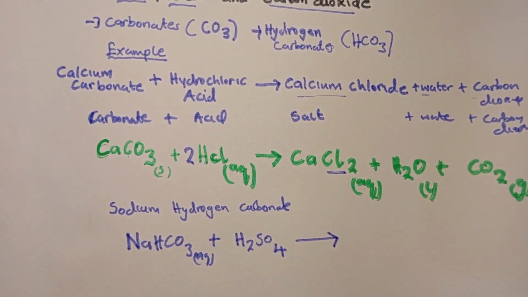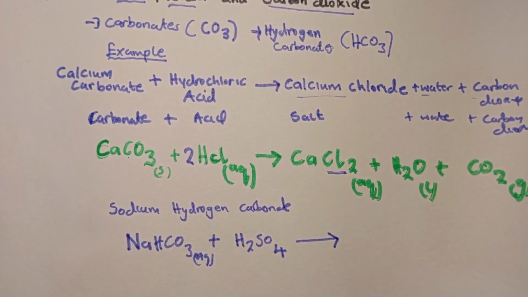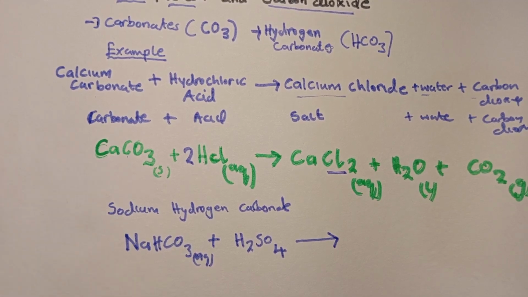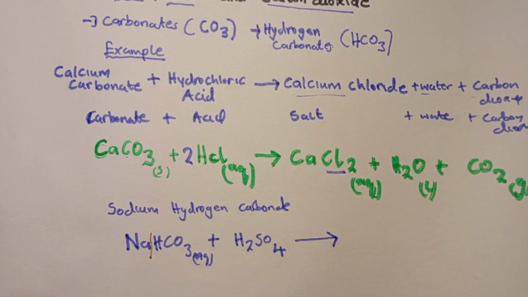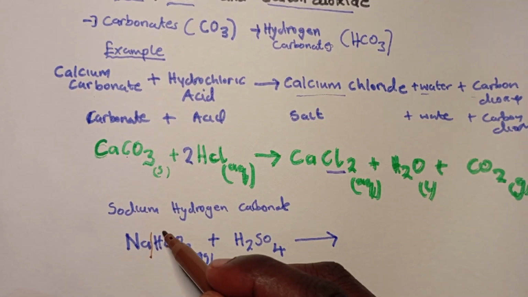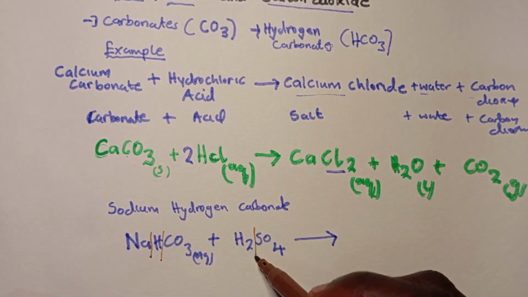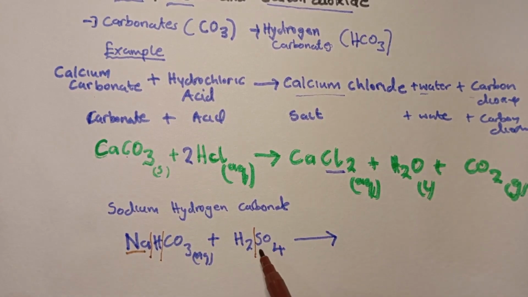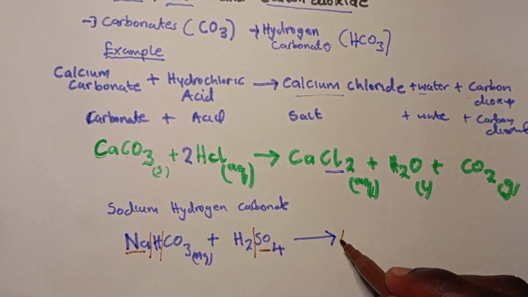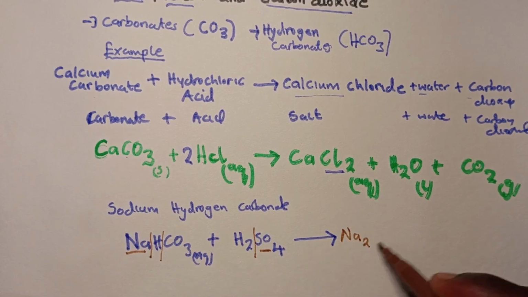The way reactions actually take place, it involves the splitting up of different molecules. So this will split here, this will split there. Once you have these atoms that have split like that, they begin to exchange. This sodium here will combine with this sulfate here, and that's how you get the salt called sodium sulfate.